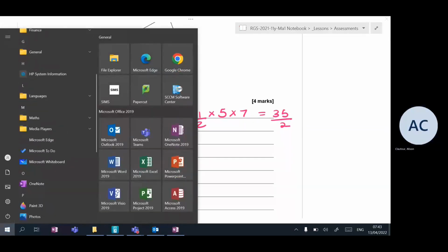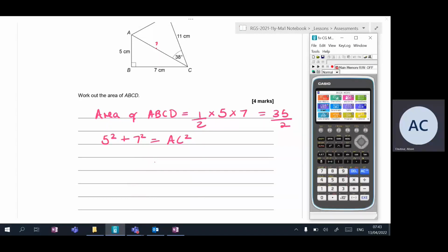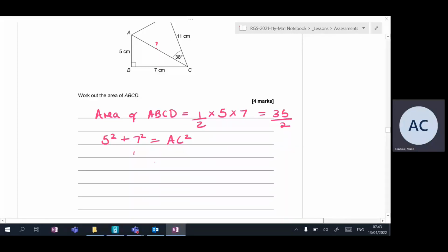And that gives me the square root of 74 for AC.